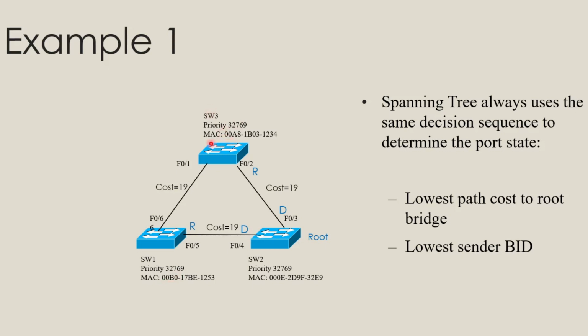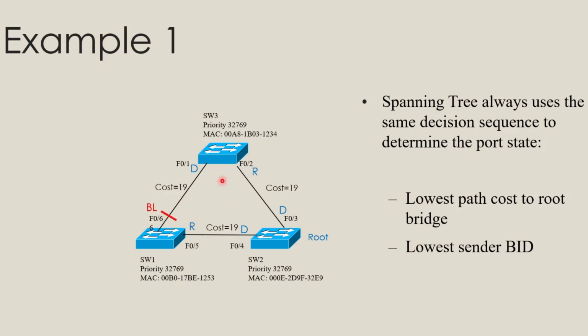Switch 3 wins the competition and becomes the designated port on port 1 over this link. Then the other side of this link will be blocked to break the loop. And this is how spanning tree makes the calculation, following the decision sequence.